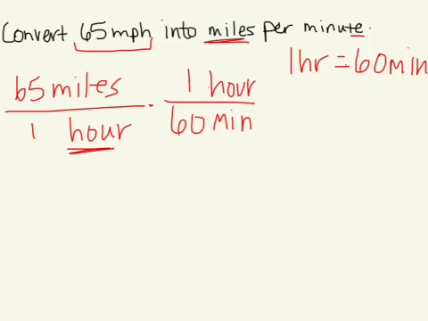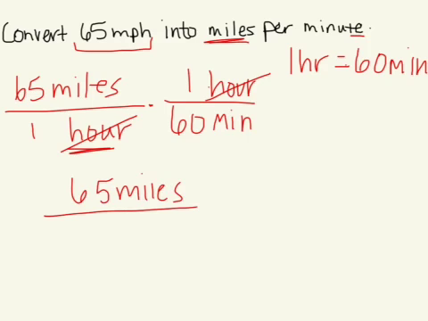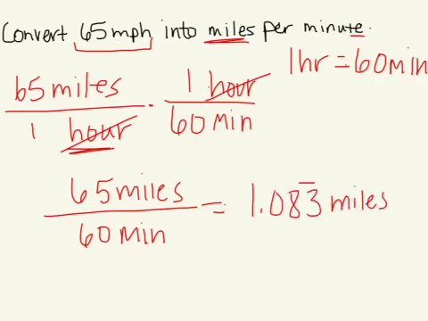Now I multiply straight across the top after I cross cancel and verify that everything's set up correctly. I multiply straight across the top, 65 miles. Straight across the bottom, 60 minutes. And 65 divided by 60 is 1.083, repeating, miles per minute.